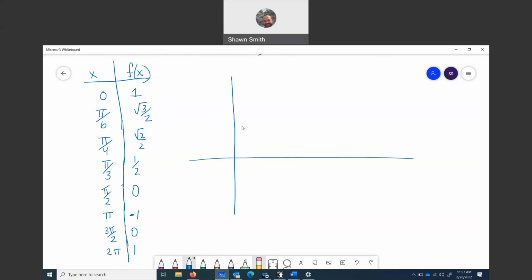All right, so when I plot this still over 2 pi, half of that is at pi, half of that is pi over 2, 3 pi over 2. We know we go as high as 1, as low as -1.